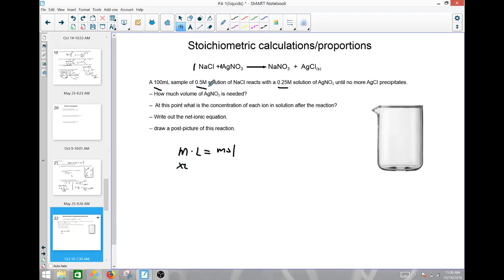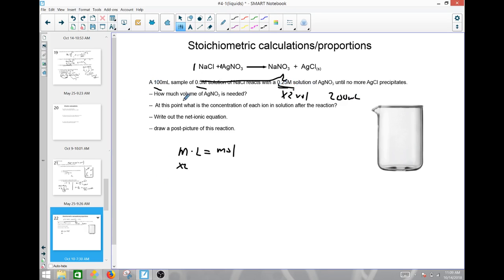So in this situation, because I have half the concentration, I will need twice the volume to match it. So the answer is going to be 200 milliliters. 200 milliliters of this stuff is required to get the same quantity of moles as this stuff would.